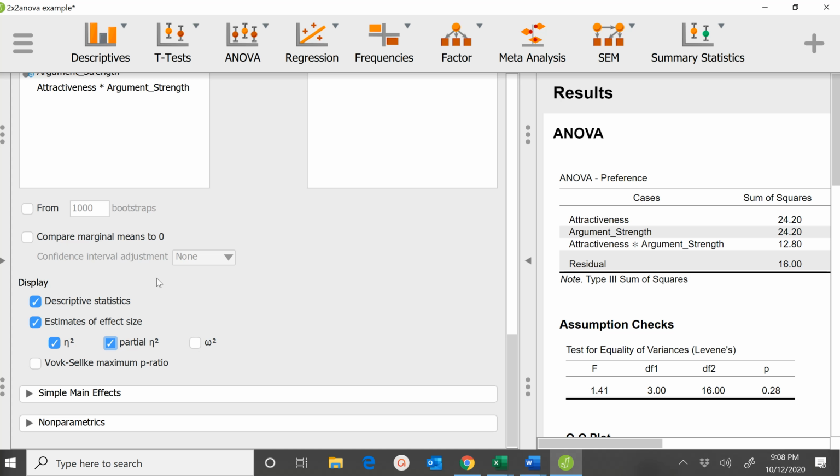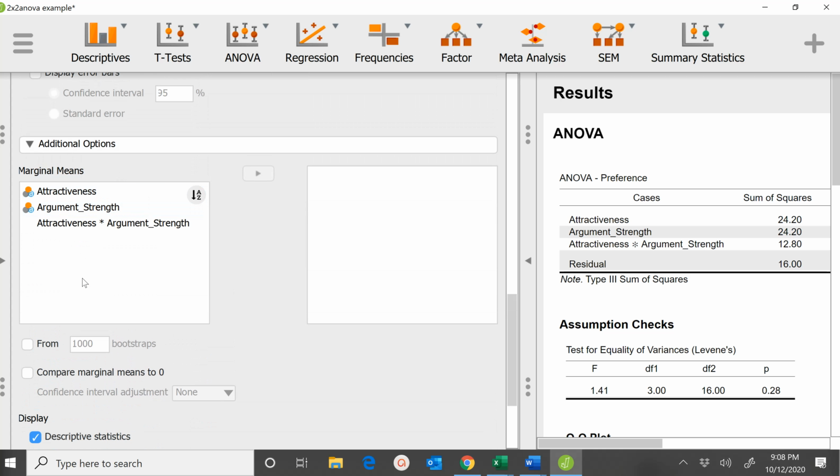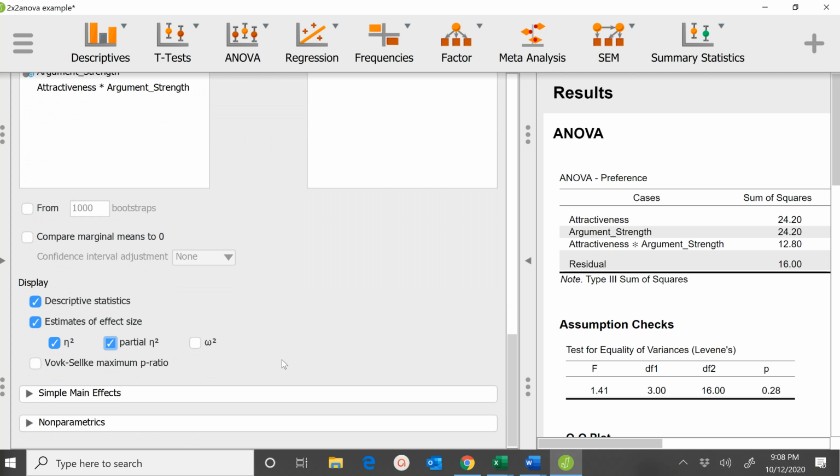Could also get omega squared here. And this is a balanced design, so whether we call up the marginal means or the descriptives, it's not going to have an impact on what we interpret. By balanced, I mean we have equal sample sizes in each cell.